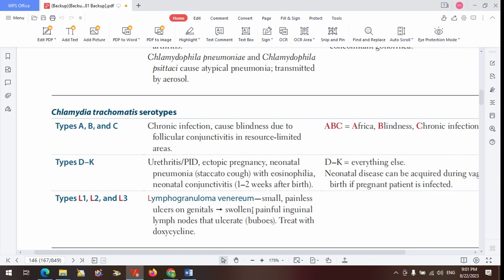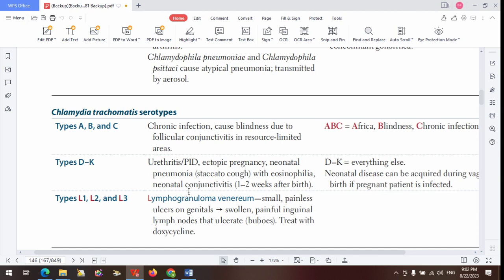It's not very, very high yield. They rarely ask this. So we should just know that in addition to causing neonatal conjunctivitis, it can also cause neonatal pneumonia. And it is not Chlamydophila pneumoniae. The one in neonatal pneumonia is from Chlamydia trachomatis. It causes neonatal pneumonia, which is characterized by staccato cough. So they are coughing.